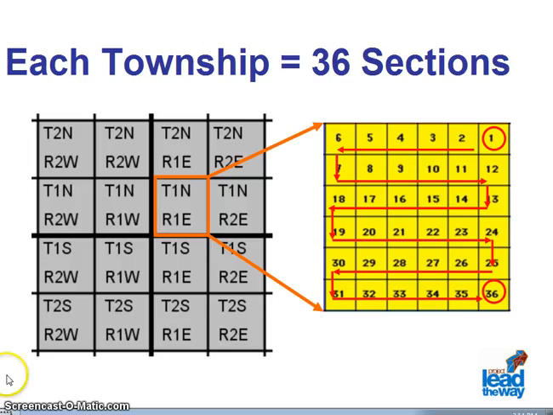Each of the townships are subdivided into 36 parts, each 1 square mile, called a section. The sections are given numbers, starting in the upper right-hand corner, beginning with the number 1, and running west and east alternatively through the township until number 36.